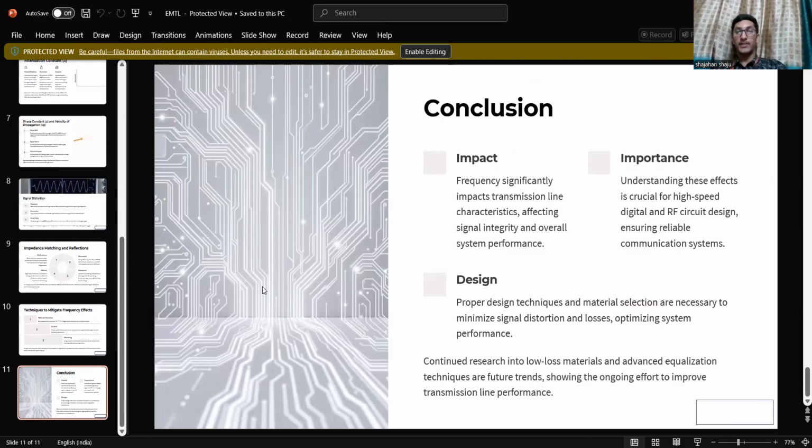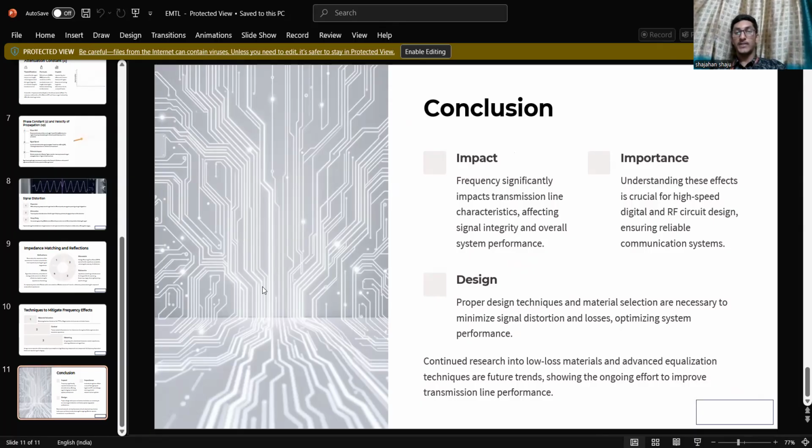Conclusion. Impact: frequency significantly impacts transmission line characteristics, affecting signal integrity and overall system performance. Importance: understanding these effects is crucial for high-speed digital and RF circuit design, ensuring reliable communication system design.